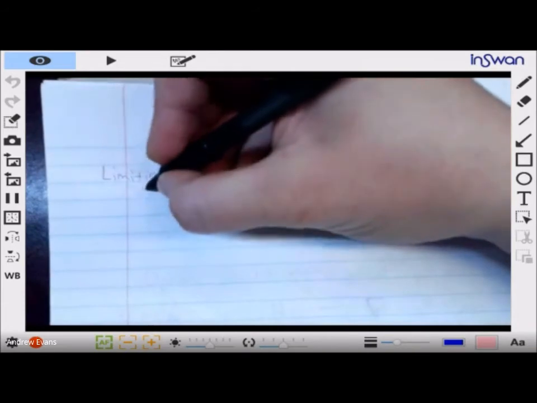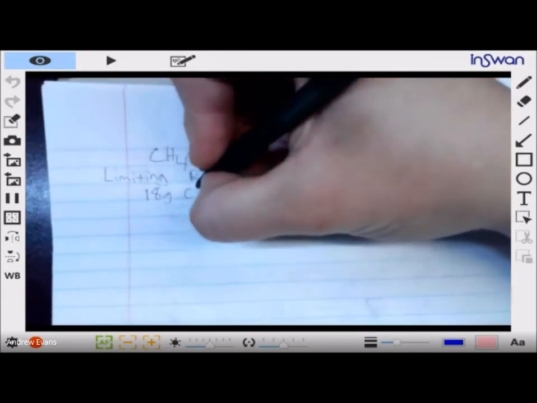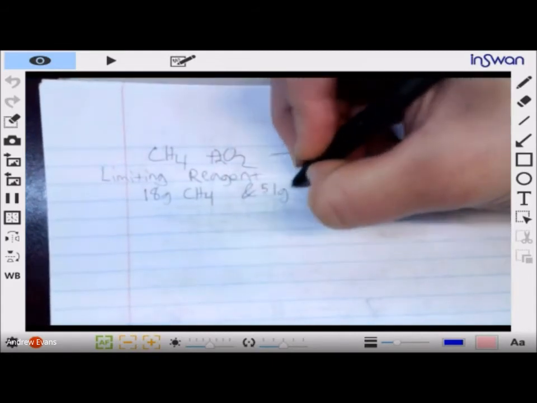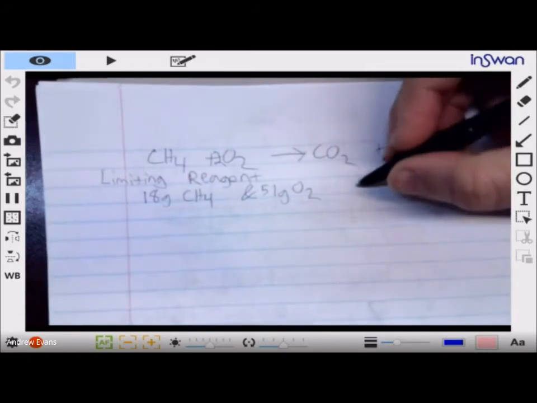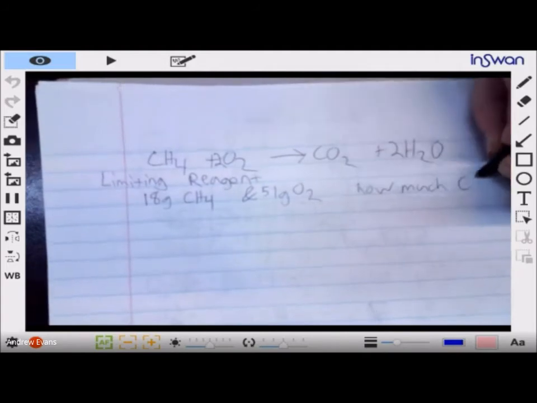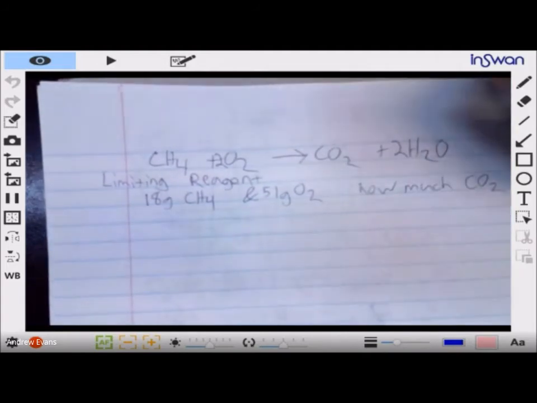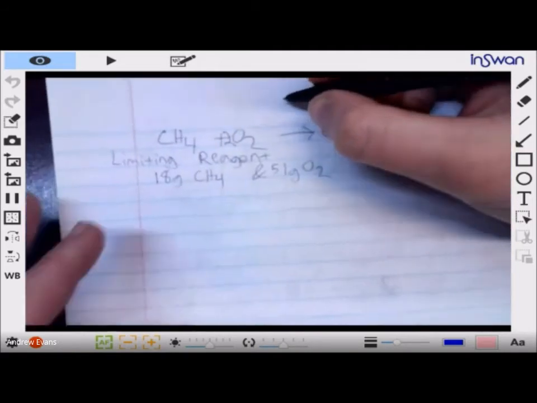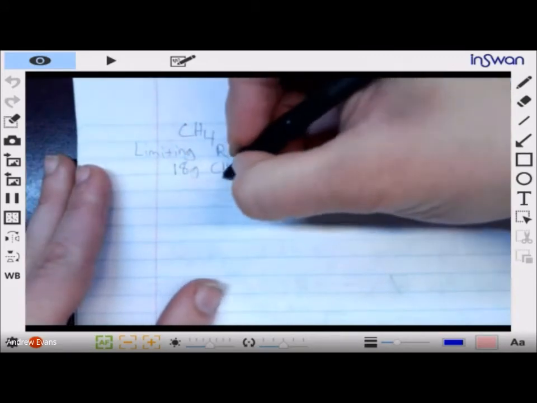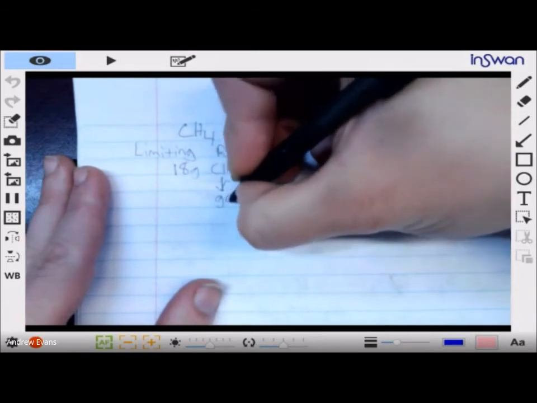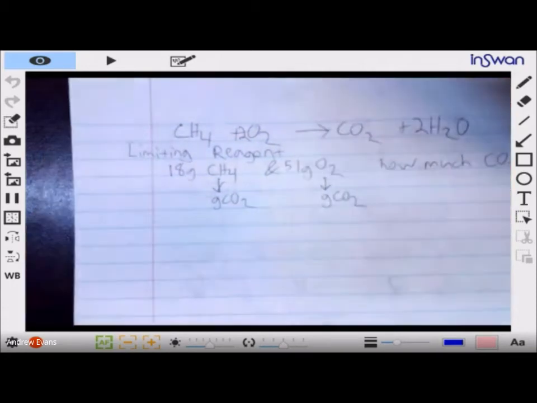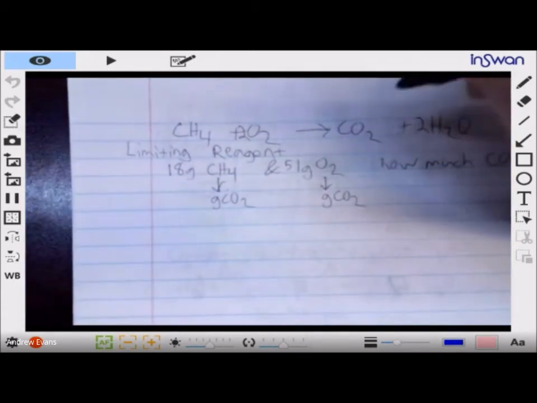If I said I had 18 grams of methane and we'll say 51 grams of oxygen, and I asked how much CO2 would be produced when we burn this, the easiest way to do this is literally to go grams of methane to grams of CO2, then grams of oxygen to grams of CO2, and then check the lowest number.